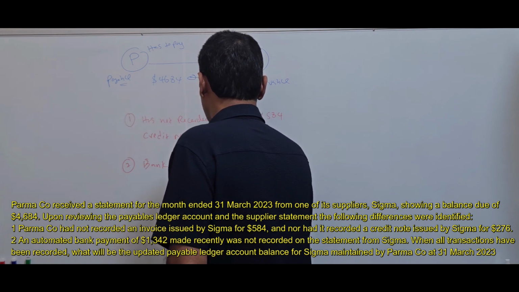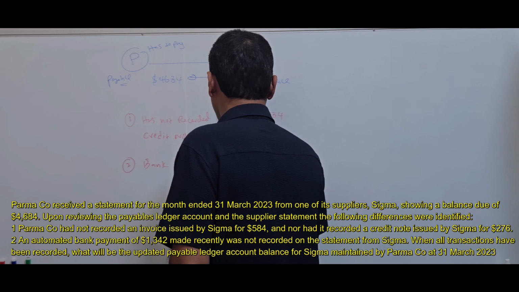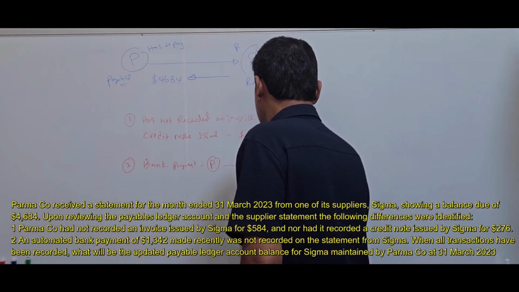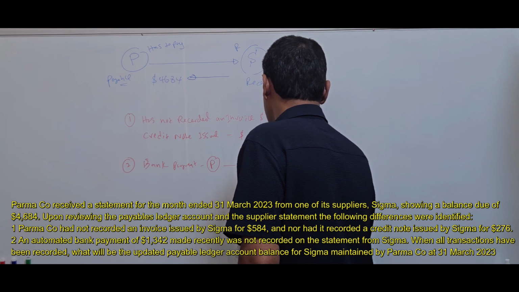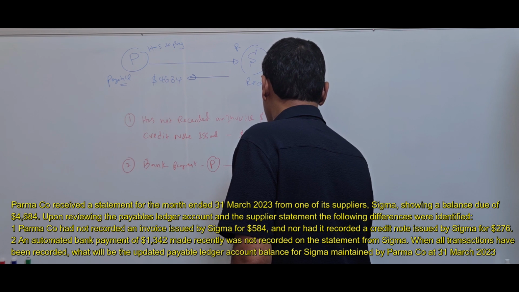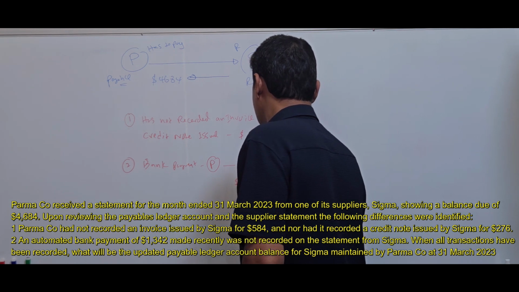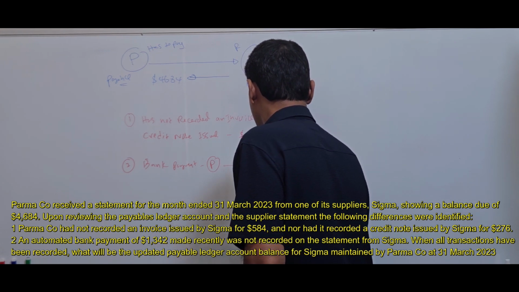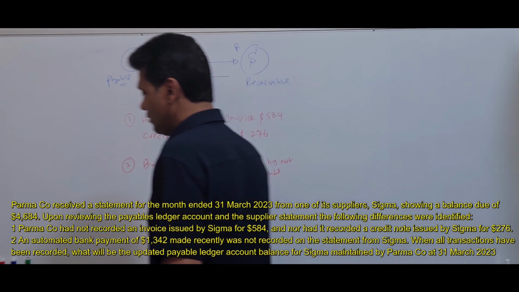P made the payment, but who has not recorded it? Sigma has not recorded it. How much? 1,342.